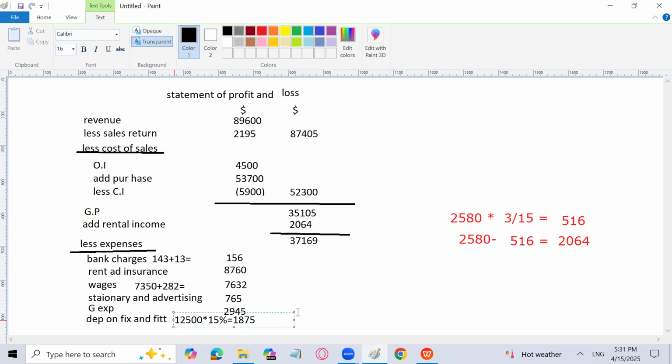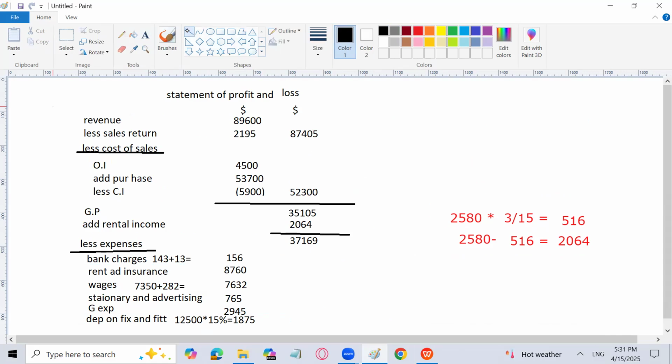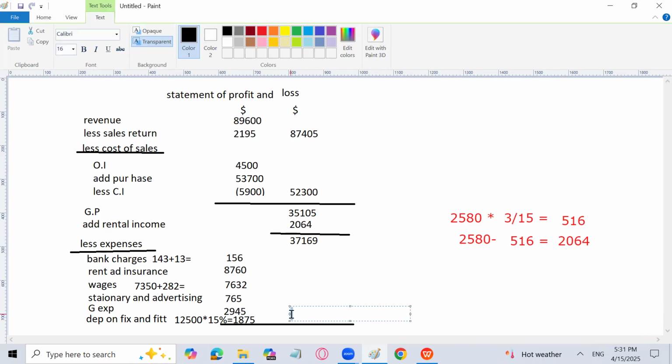So what is the total amount of expenses? 22,133.